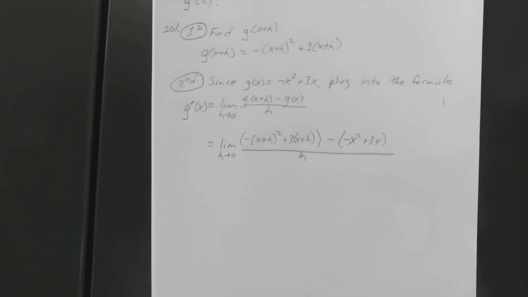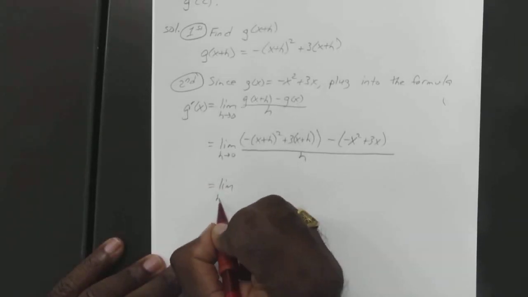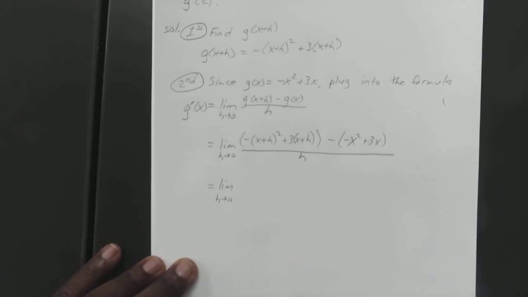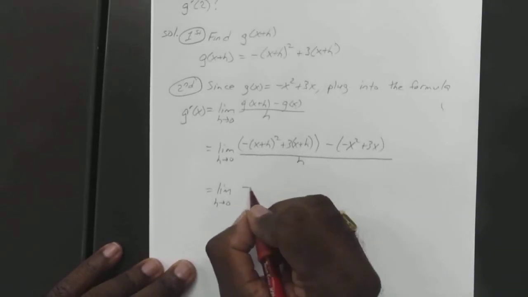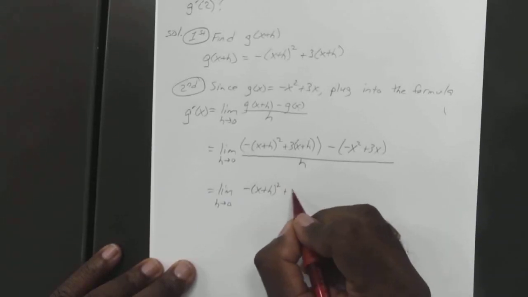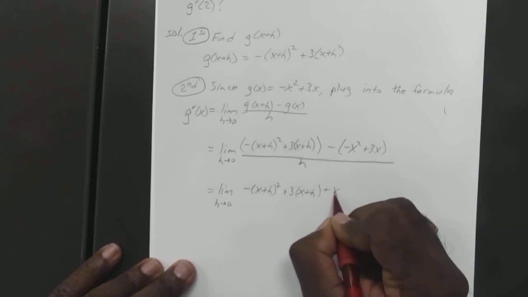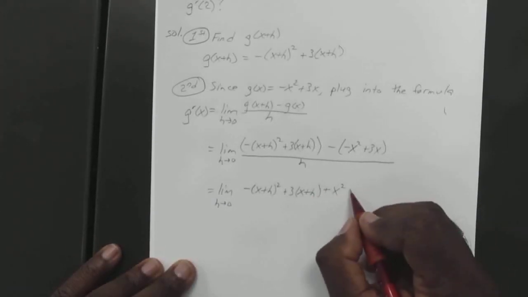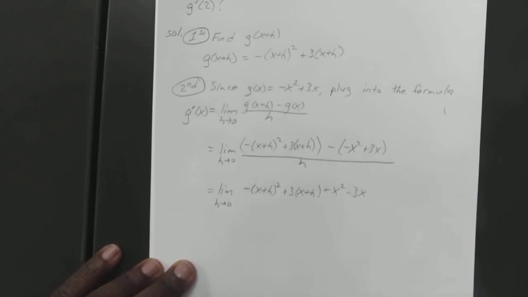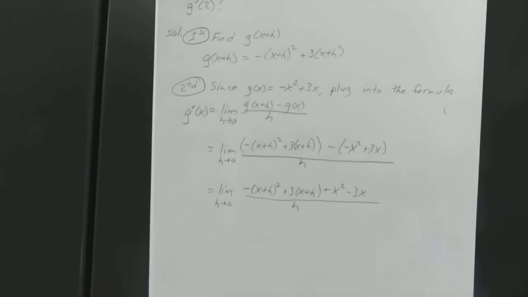Okay, so now we can simplify this a little bit. The limit as h approaches 0 of negative x plus h squared plus 3 times x plus h plus x squared minus 3x, all over h.